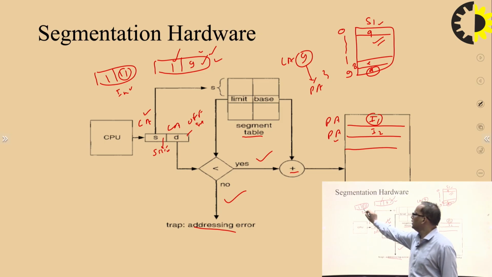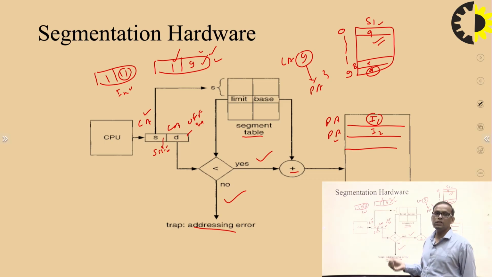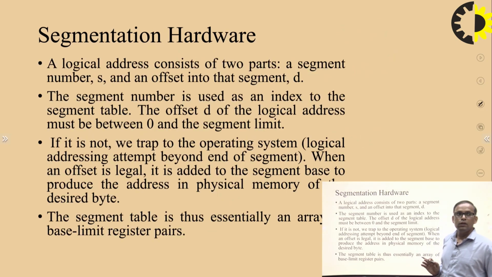For example, if there is a logical address where the segment number is 1 and the offset value is 11, since offset 11 doesn't belong to this segment 1, we will simply say that this is an invalid logical address. So this is the working of the segmentation hardware.